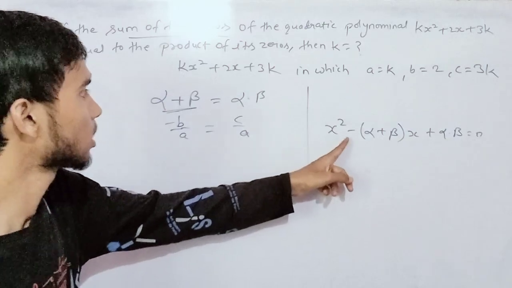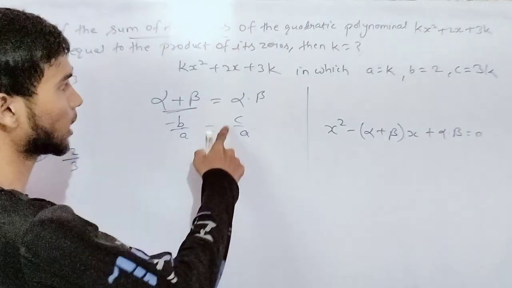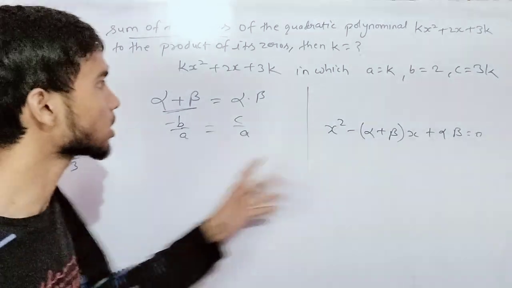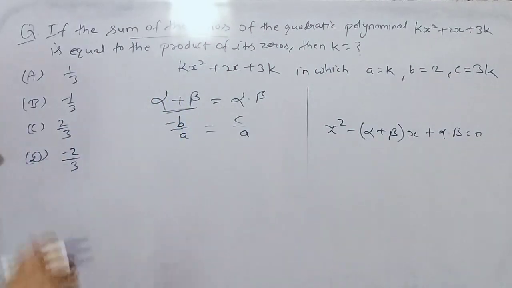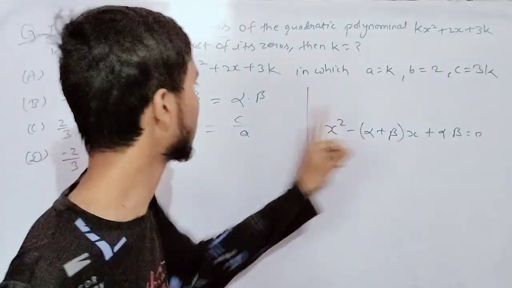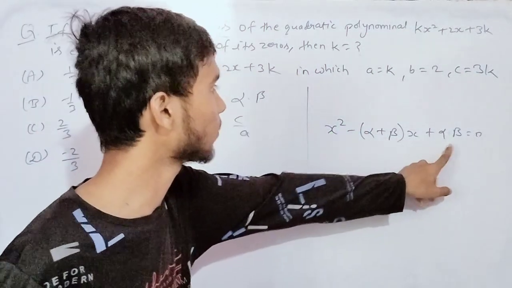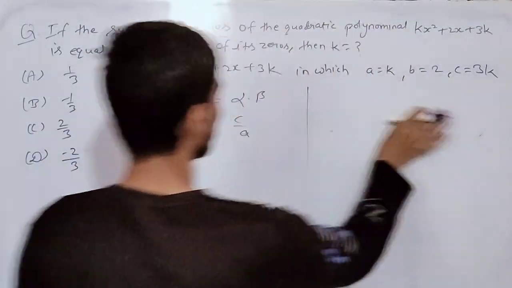It means here is minus. And here we are not taking minus because here is a plus. Clear? So this is a coefficient number, but this is a constant number. That's why we can write it upon a.